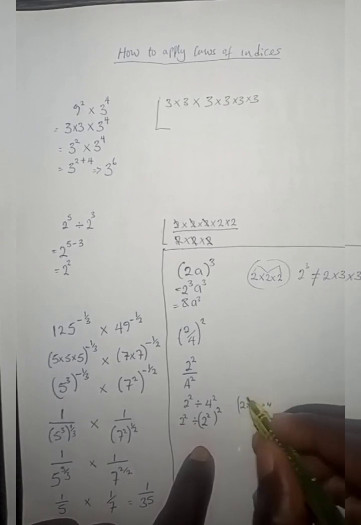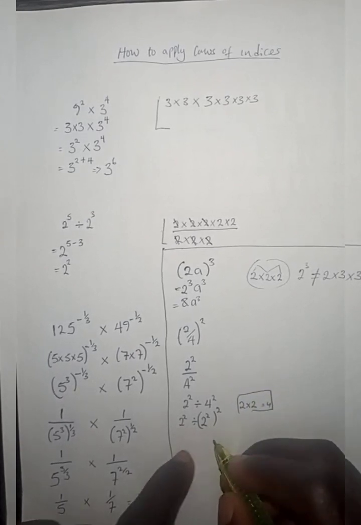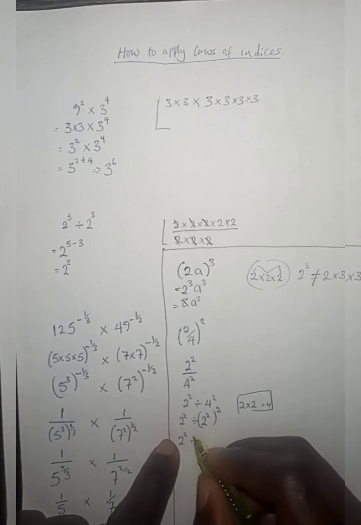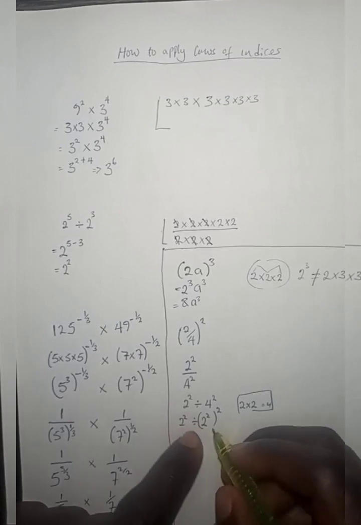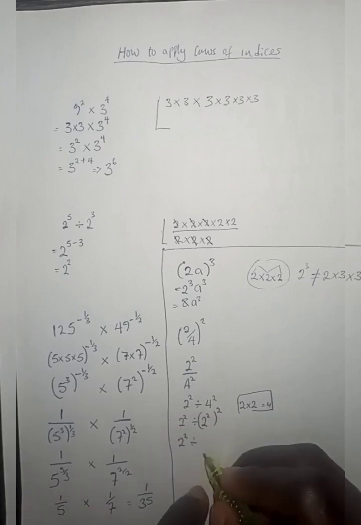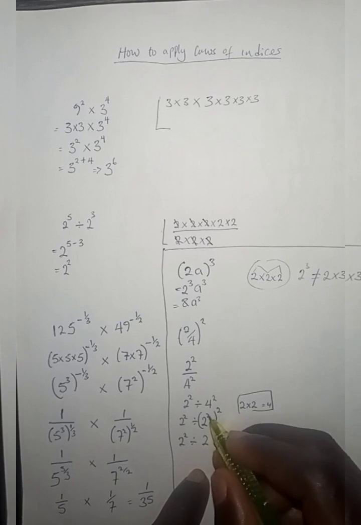So we can go ahead: 2 to power of 2 divided by, when a base is having more than one power, it multiplies. So we'll have 2 times 2 will be 4.